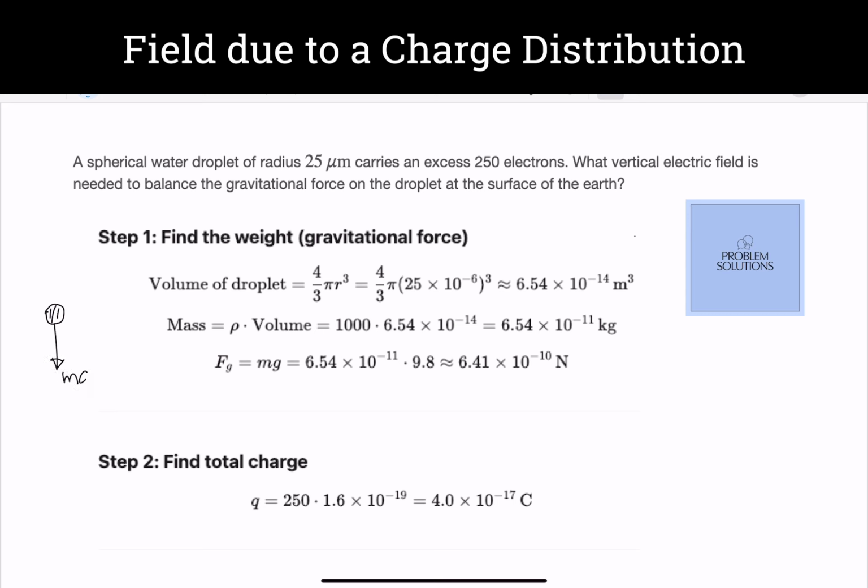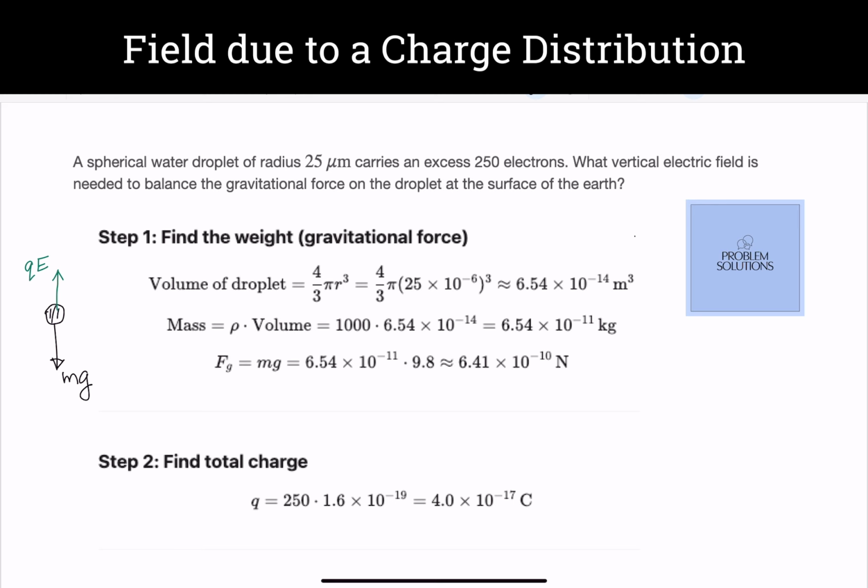That's given by mg. And we're trying to find out what the electric field should be so that the force acting, which would be QE, balances the weight. So already from the diagram, you understand that QE must be equal to mg.